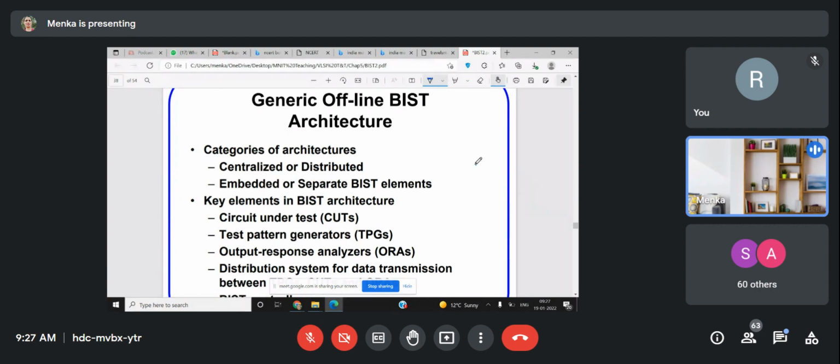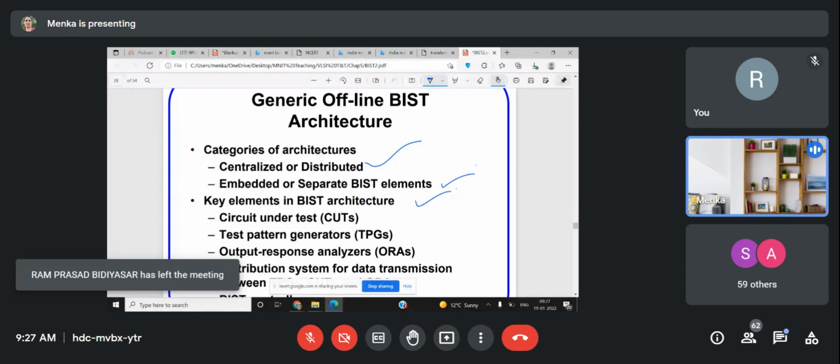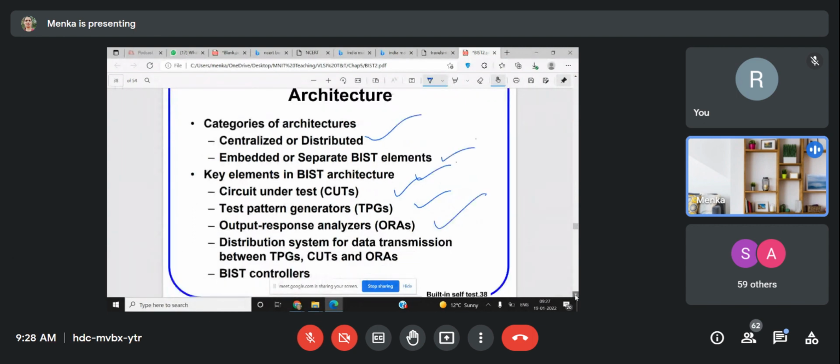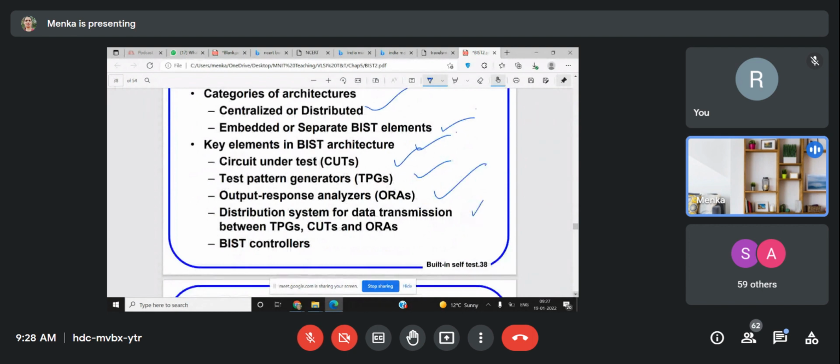Categories of architecture: the first one is centralized or distributed, embedded or separate BIST elements. Key elements are similar to the previous one we have discussed: CUT, test pattern generator, ORA, output response analyzer. Apart from this, you will also have a distribution system for data transmission between all these three, and BIST controllers are also needed.